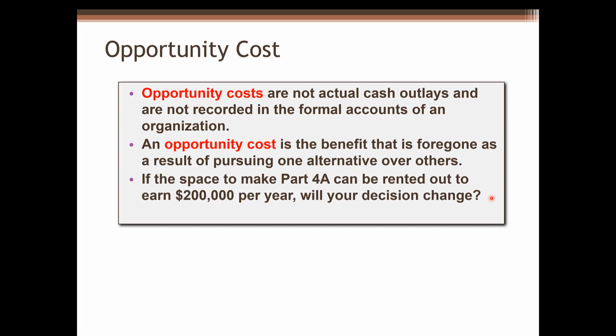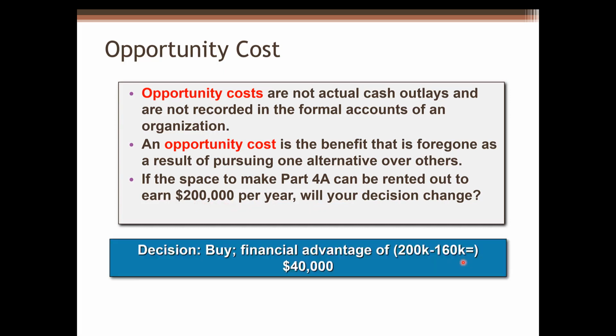However, if it rents out the space, it can earn $200,000. If we calculate 200,000 minus 160,000, the company gets a financial advantage of $40,000. So the decision is to buy the part instead of making the part.